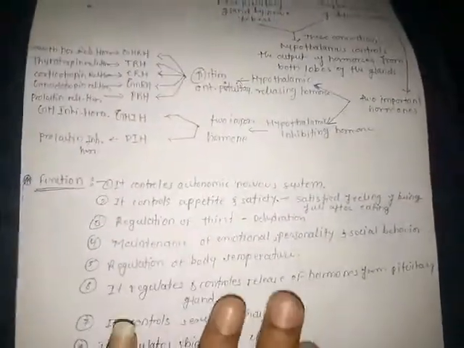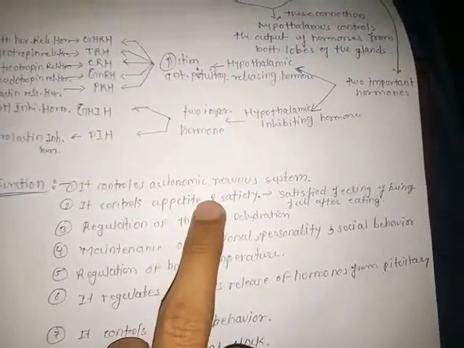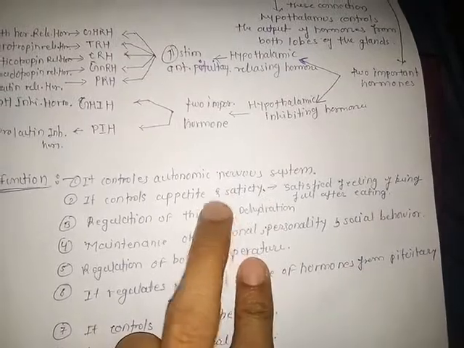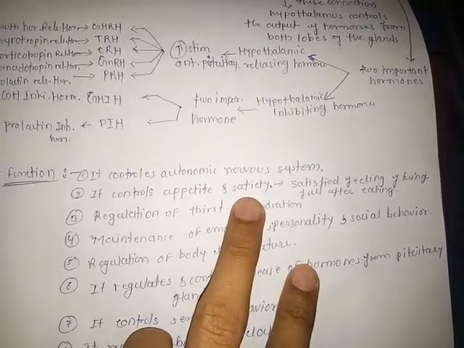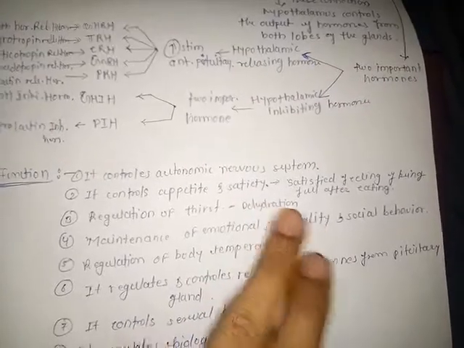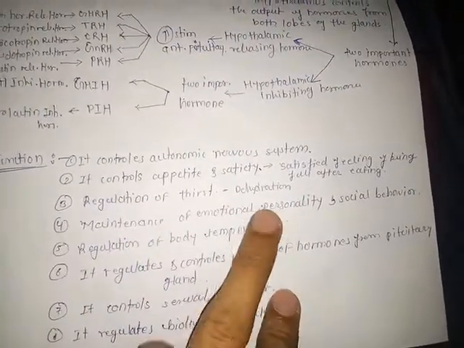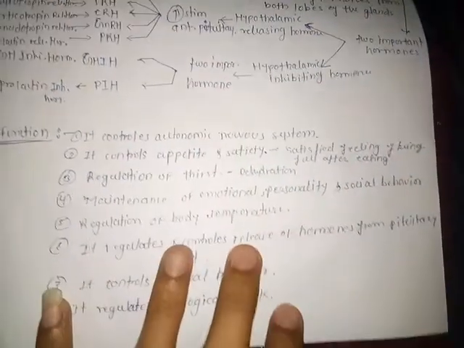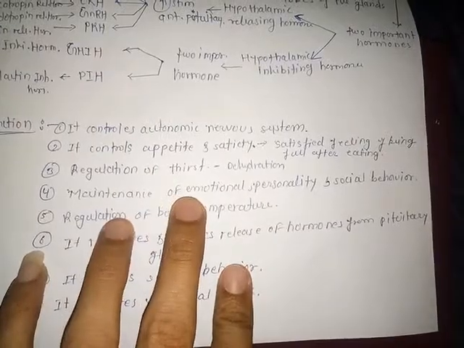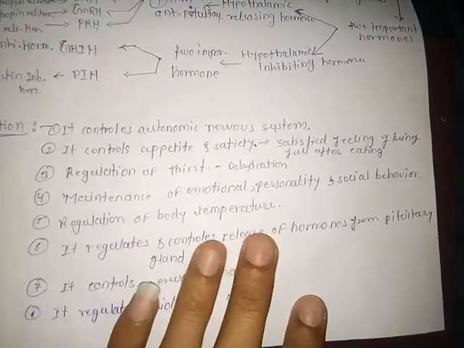Then next, the functions of the hypothalamus: it controls the autonomic nervous system, it controls appetite and the feeling of being full after eating, and it regulates thirst, meaning dehydration, maintaining the water balance inside the body. It maintains emotional, personality and social behavior, and regulates body temperature.